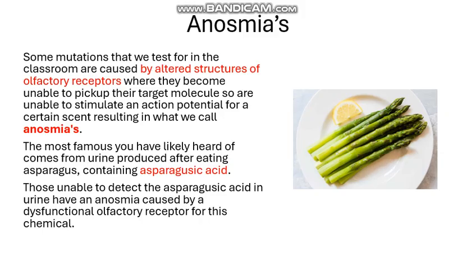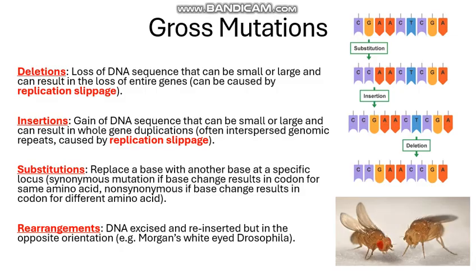So, getting into the phenotypic effects of mutation, some mutations that we test for in a classroom are caused by altered structures of olfactory receptors, where they become unable to pick up their target molecule, so are unable to stimulate an action potential for a certain scent, resulting in what we call an anosmia. Like we talked about here, these different kinds of mutations can result in a change in the structure of the polypeptide and the protein once that polypeptide is folded.